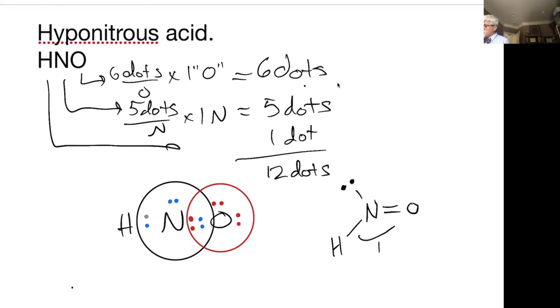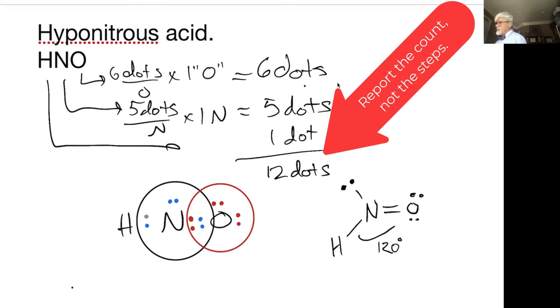Here's my 120-degree angle because it's trigonal planar around nitrogen. And lastly, my lone pairs on my external atom. They have no impact on the shape of this molecule, but they are there for artistic completion. Done. Hyponitrous acid, HNO.